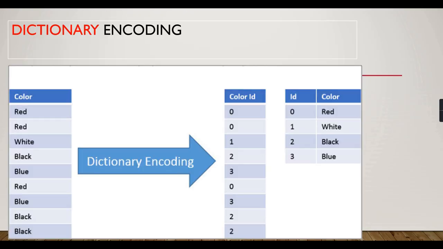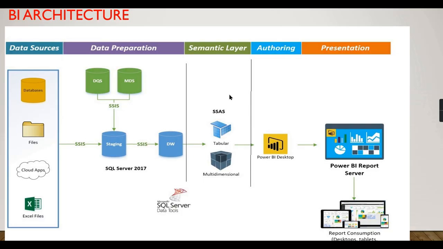And moreover, Power BI internally uses a tabular model. Forget about this. If you do not have a dedicated SSAS tabular model, that is fine. But once you have it, you are offloading the load from Power BI. That is one of the important aspects of it. Assume you do not have any of this architecture.